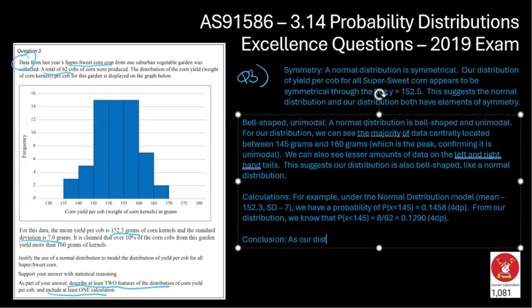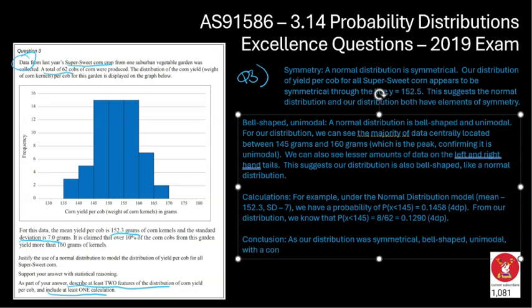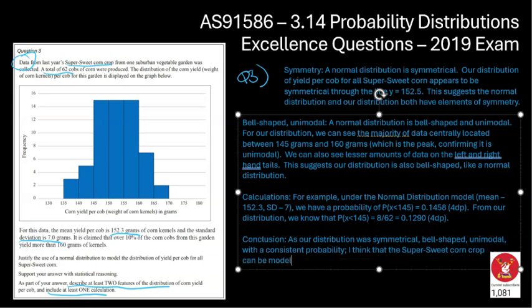As our distribution was symmetrical, bell shaped, unimodal, with a consistent probability, I think that the super sweet corn crop can be modeled by a normal distribution.